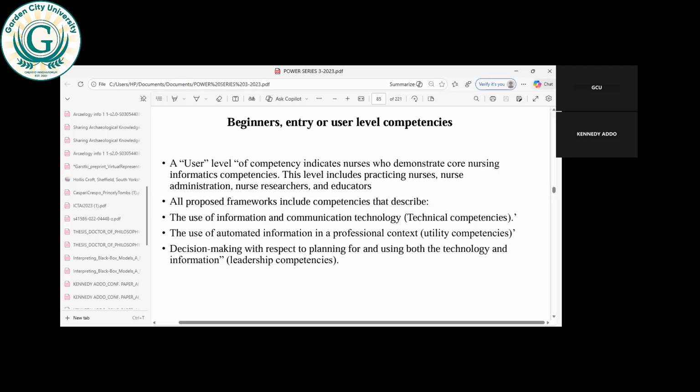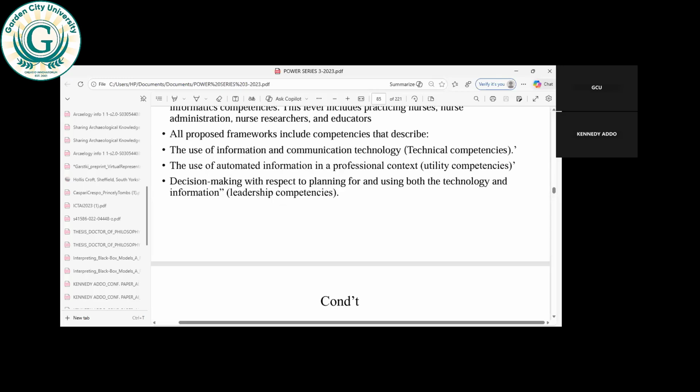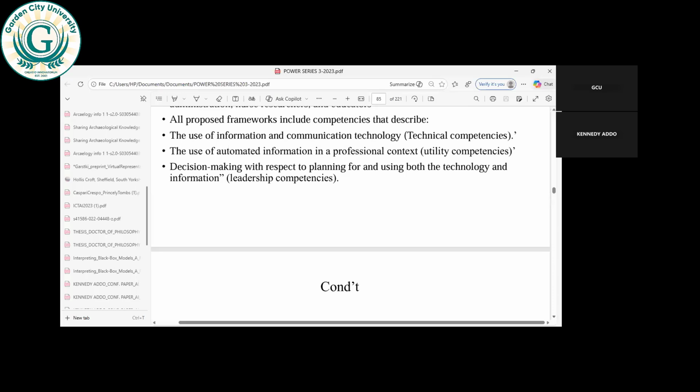So if you're able to use information technology, that is technical competency. If you are able to use automated or computerized systems in a professional context, that is utility, and decision making in terms of planning also exemplifies leadership competencies.